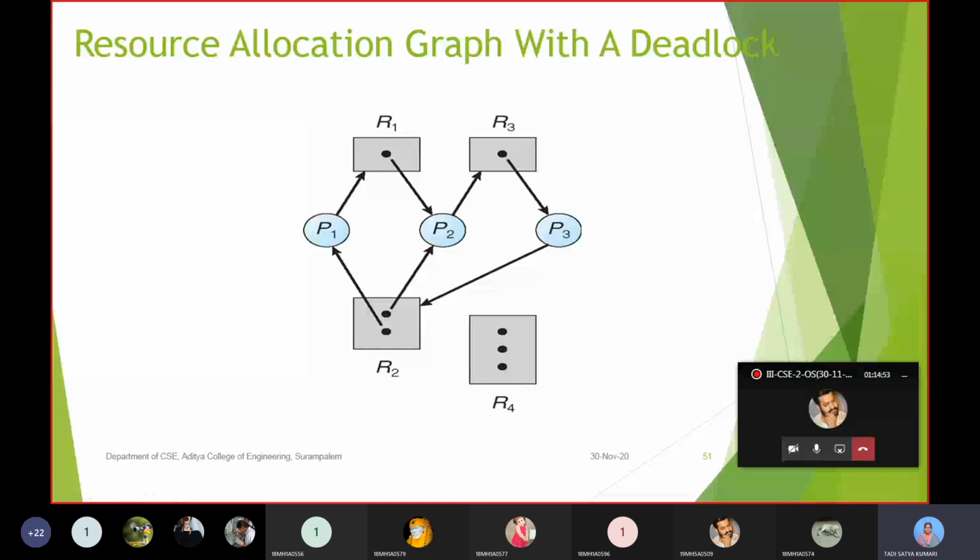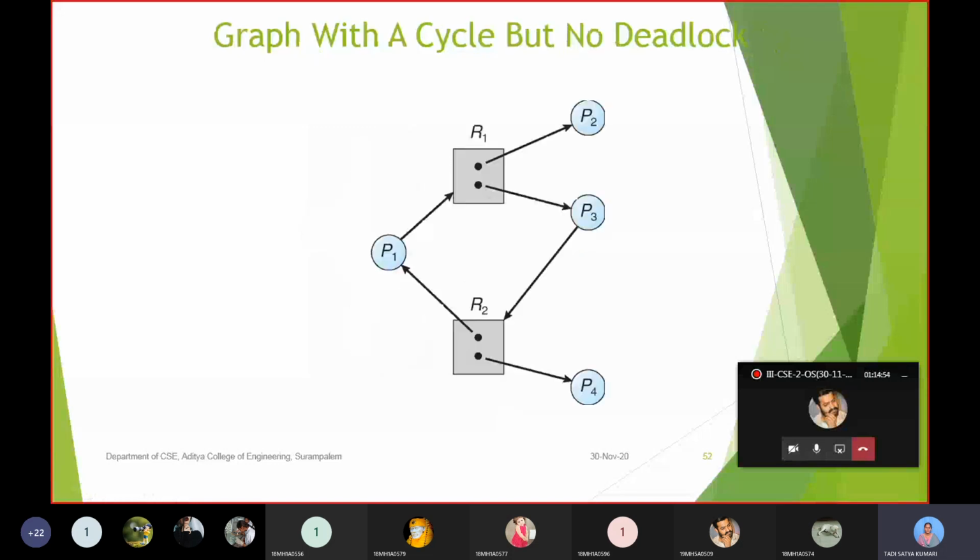Even though there is a cycle in the graph, there is no deadlock situation. Why this happens, we will see once again. So if you see here, you start at P1, from P1 to R1, R1 to P3, P3 to R2, and from R2 to P1. So the starting and ending vertex both are P1.